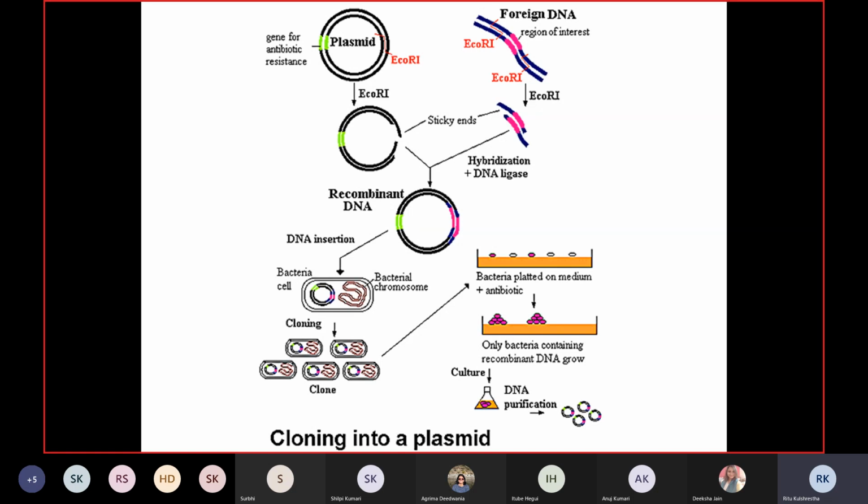So yes, this is the general scheme involved in recombinant DNA technology.